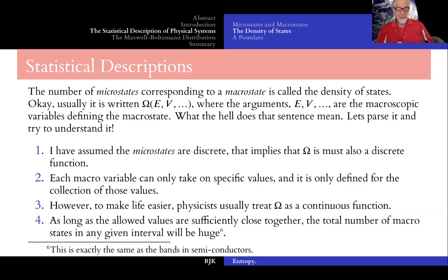As long as the allowed values of the macroscopic variables are sufficiently close together, the total number of states in any given interval will be huge, and you can treat them as being continuous. This is the way in which band theory in semiconductors is done. So this is done many different ways.